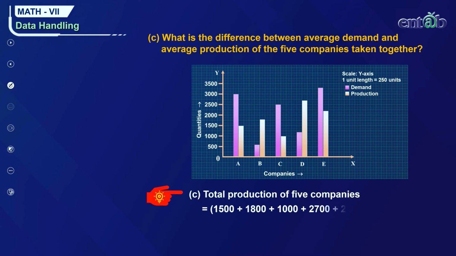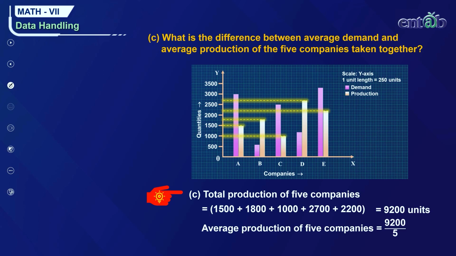Now let's find out the average production in the same way. So let's look at the total production of 5 companies. In the very same way, we will find out the total production of 5 companies, which is 9200 units, and the average can be calculated when we divide it by 5, and that is 1840 units. What is the actual question?